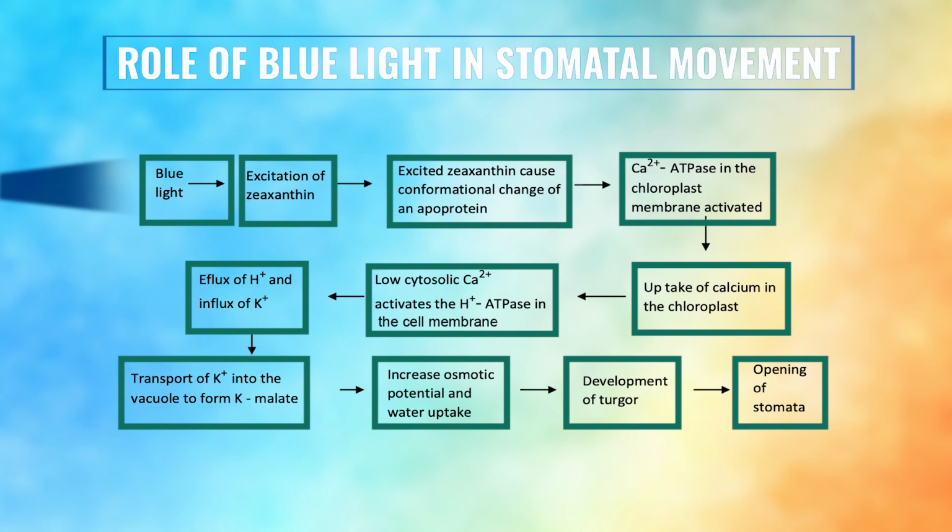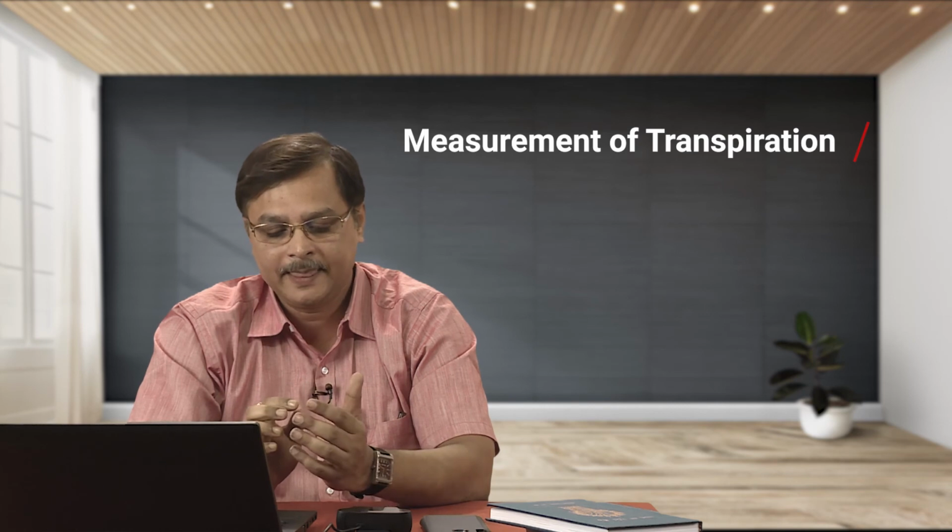As a result, the cascade of inflow of water takes place and as a result, stomata open up. So, these are the theories which depict transpiration. Now, how can we measure the rate of transpiration?